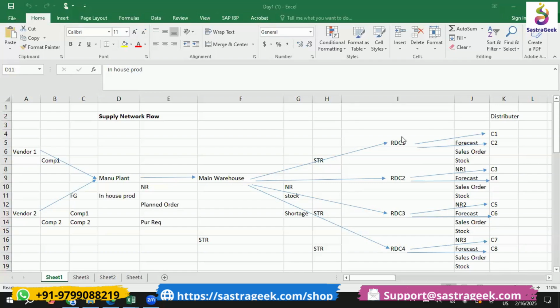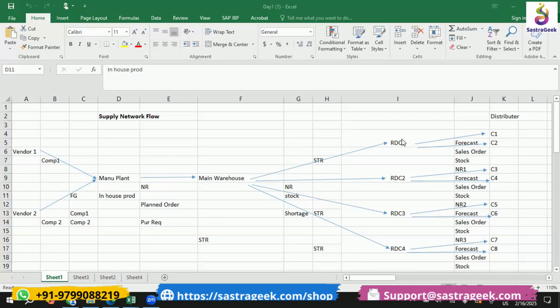During urgency, you may see RDC1 also supply the goods to C3 or C4, but that's not your preferred supply chain, right? So we are talking here about a preferred primary supply chain. Now, if RDC1 does not have inventory, then we should know from where this finished good will be sourced.